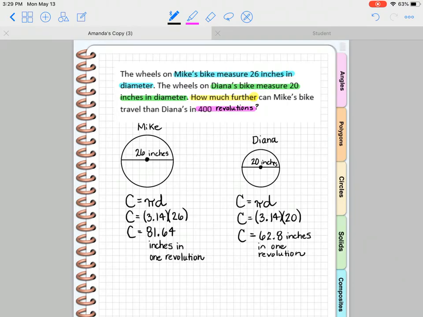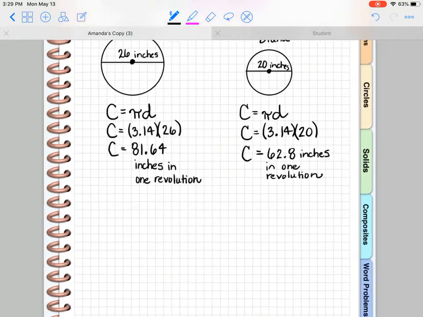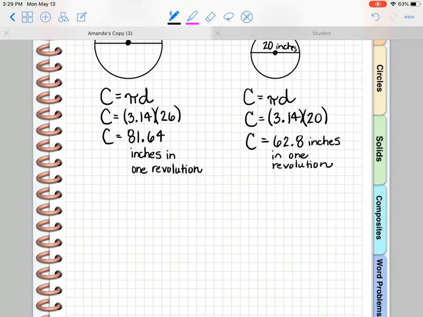But we want to see about 400 revolutions. So I'm going to take Mike's amount and multiply it 400 times. So 81.64, that's one turn, and we want him to do 400 turns.